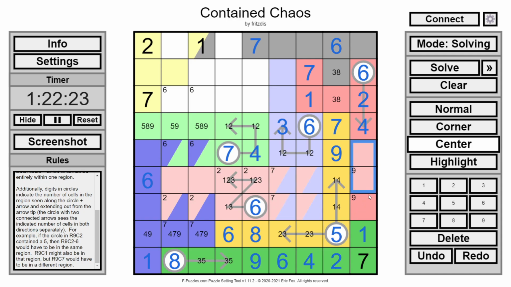Okay. What is left in this region? We need a 3, not a 4, we need a 5, not a 6, not a 7. We need an 8, and we need a 9. Is any of that ruled out? I don't think so.